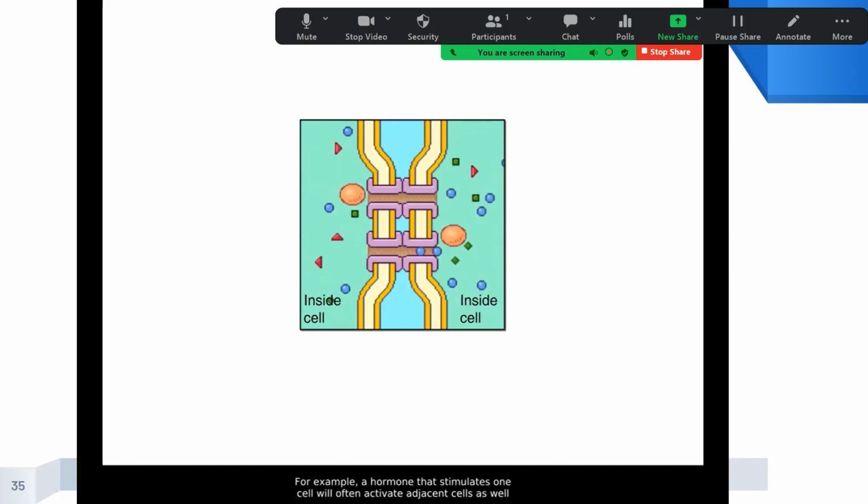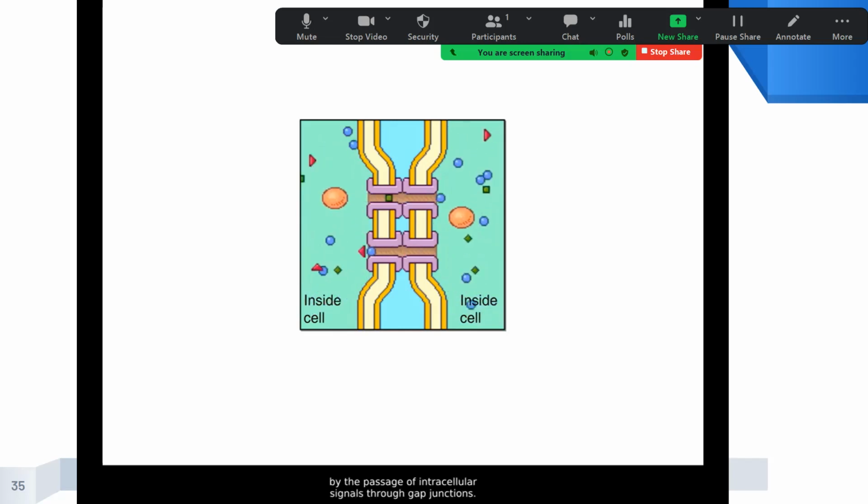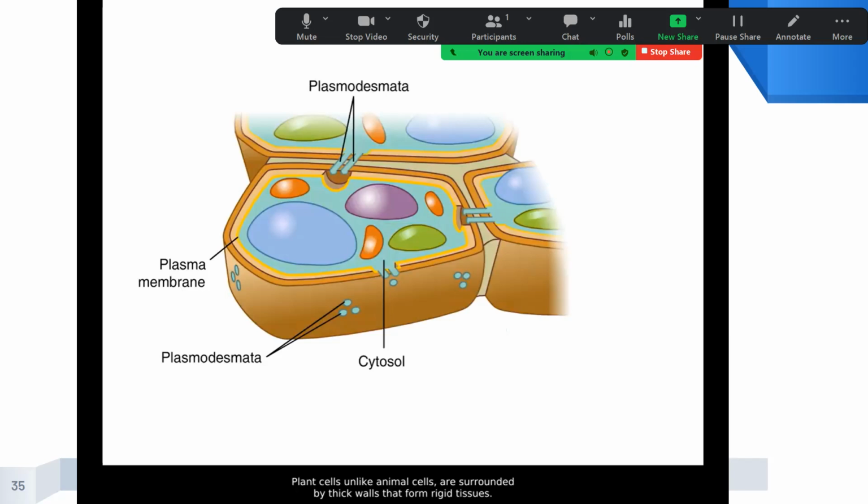For example, a hormone that stimulates one cell will often activate adjacent cells as well by the passage of intracellular signals through gap junctions. Plant cells, unlike animal cells, are surrounded by thick walls that form rigid tissues. They do not need the junctions found in animal tissues.